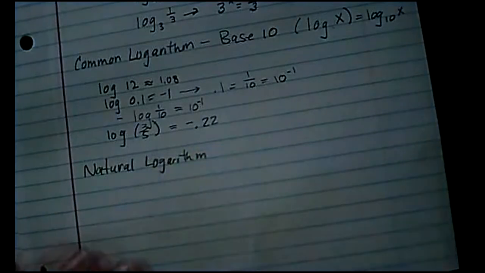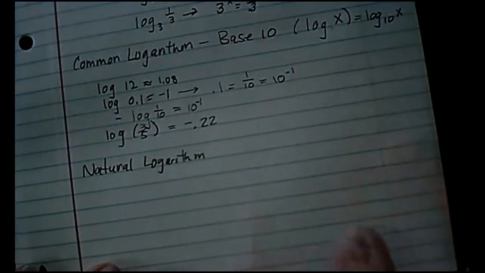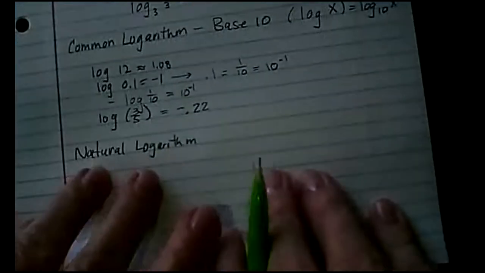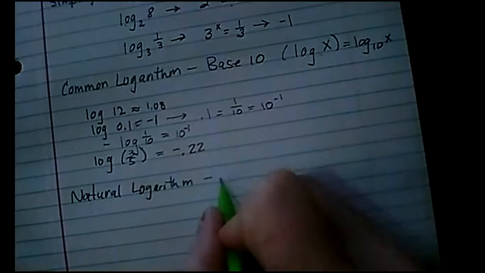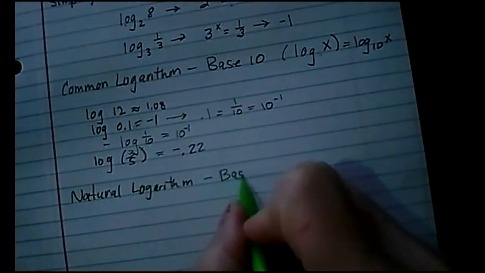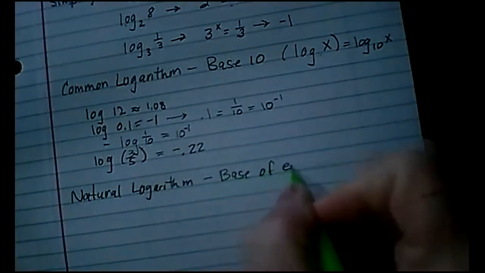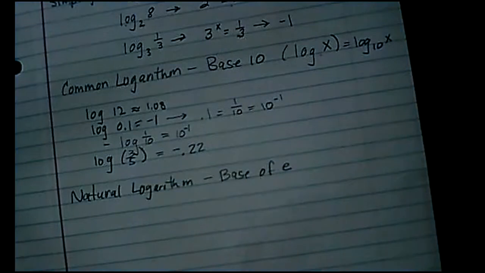All right, and natural logarithms where the common is a base 10, right? The natural is a base of e. Do you remember when we did the base of e and like the compounding interest, right? That is an irrational number, approximately 2.72, but it just means that we were compounding continuously, right?